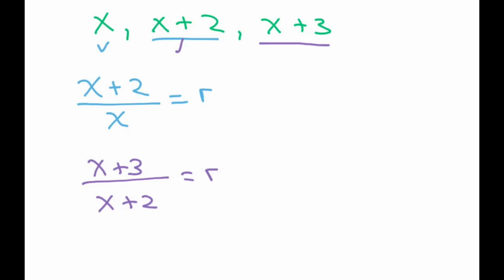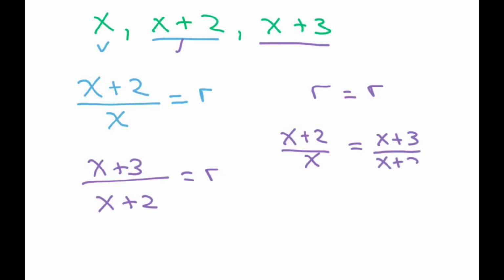Then I'm going to set it up as a system of equations. So we have r equals r. So I have x plus 2 over x equals x plus 3 over x plus 2.